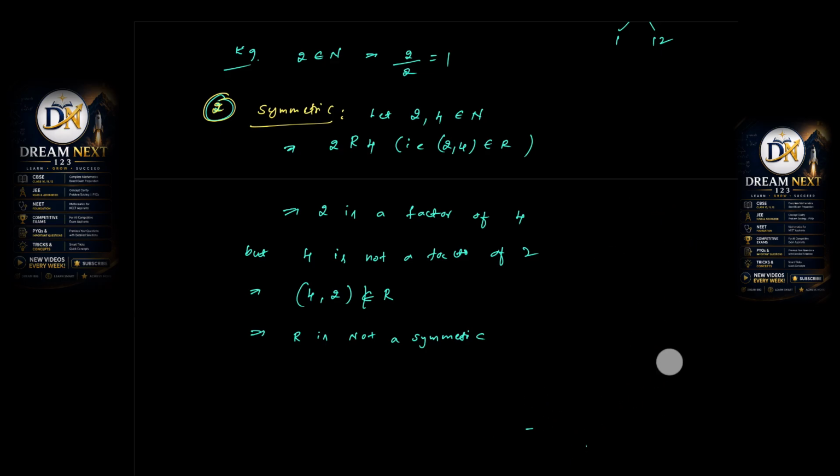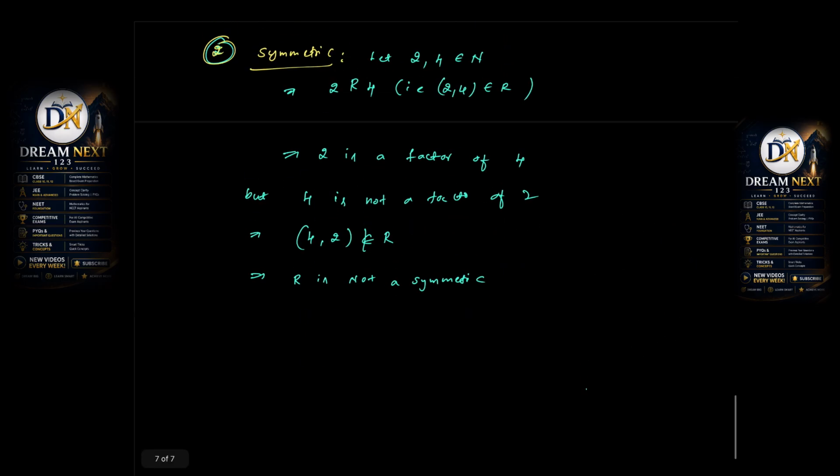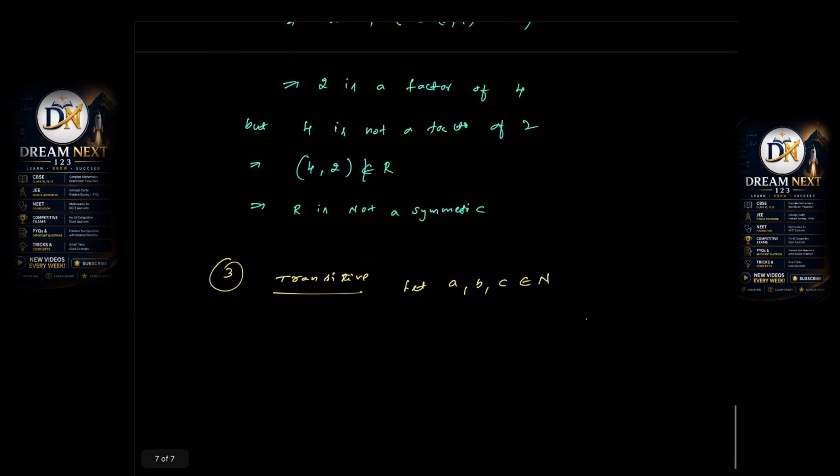Next, the third condition is what? Transitive. We have to show it is transitive. Let's consider any three numbers, for example A, B, C. These three numbers belong to the natural numbers.